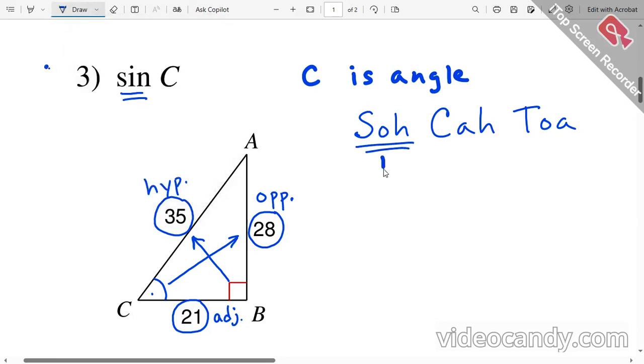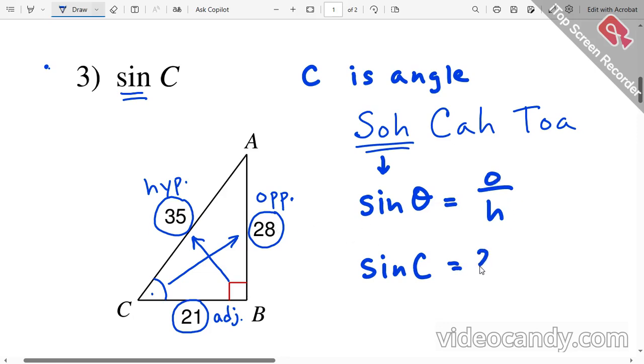This tells us that the sine of an angle theta is going to equal opposite divided by hypotenuse. We're looking for the sine of C, so in place of the Greek letter theta, I'm going to put in the C. And that's going to equal opposite, which is 28, divided by hypotenuse, which is 35.